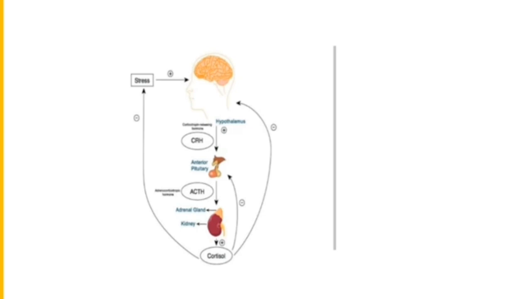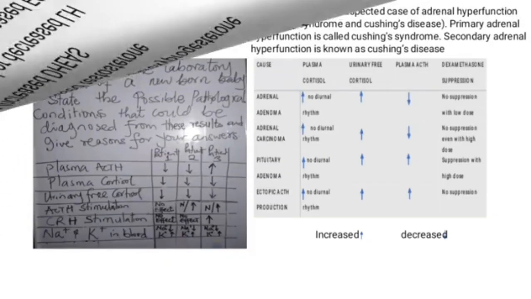So if there is a situation where the regulation of this hypothalamus-pituitary-adrenal axis is impaired, then it will result in a pathological condition, such as hyperplasia.